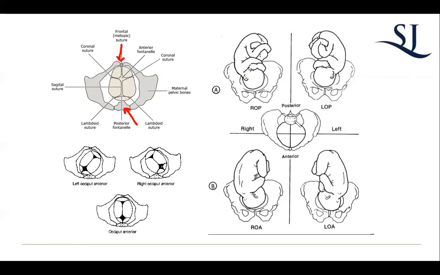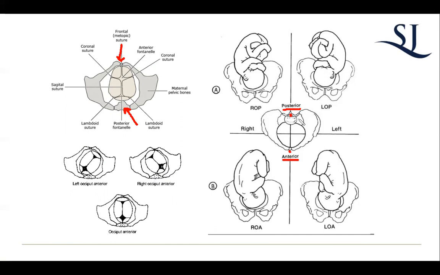So this is flipped to what you're actually going to see if you're facing a patient. The pubic symphysis is here, it's anterior. And posterior is where the spine is, okay? So the occiput, which is behind, if the occiput is anterior, then you know that this is the posterior surface, but the way to think about it is that that is anterior to your view, okay?